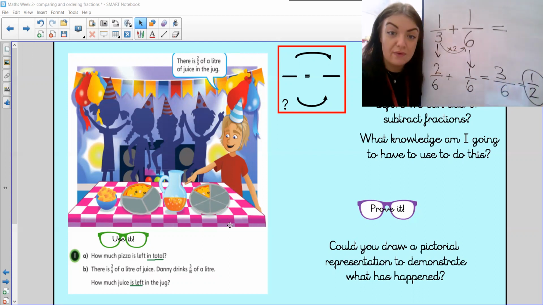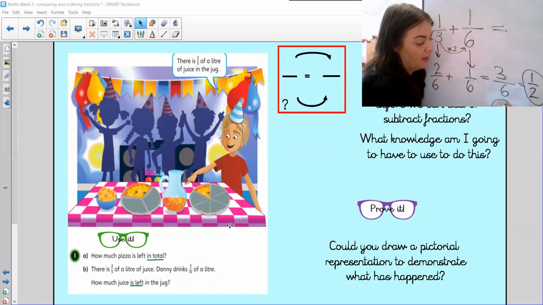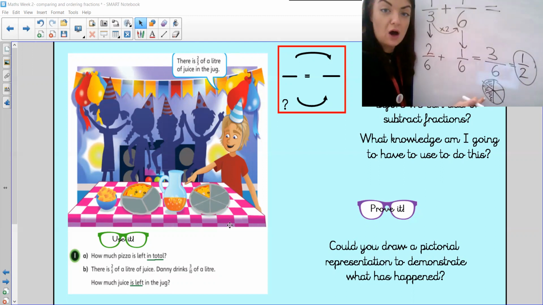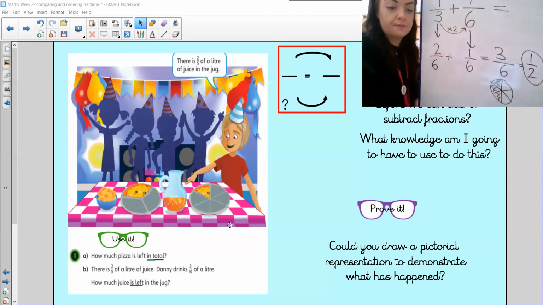So if you wanted to simplify that fraction, because here, look, if I split this into 6, if I've got 3 of them, that is equivalent to 1/2. So I can simplify that. I can make the parts as big as possible, which means my number is as small as possible. Okay, well done to you if you got that correct.